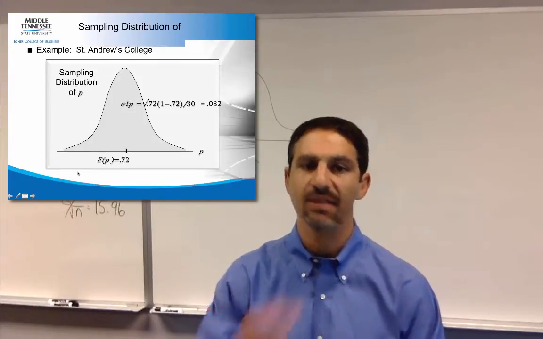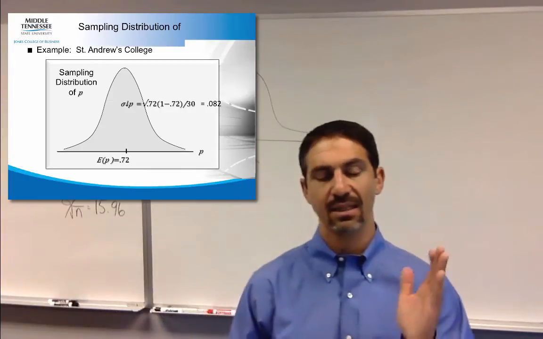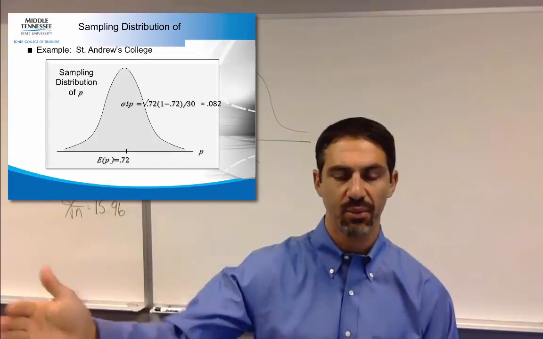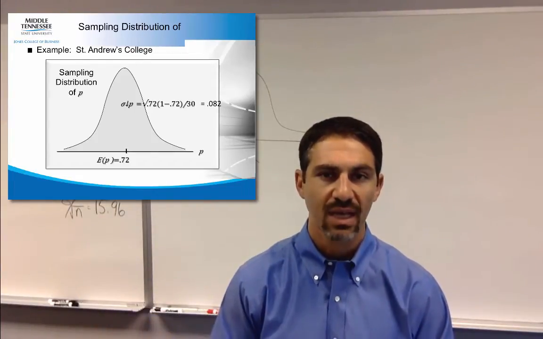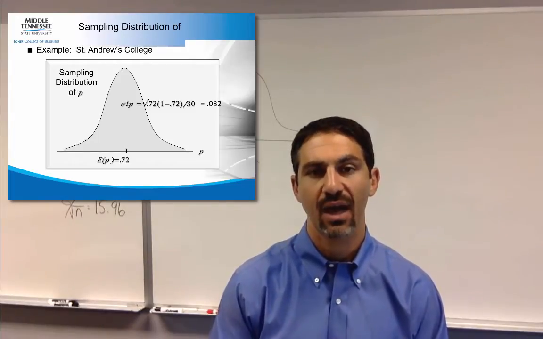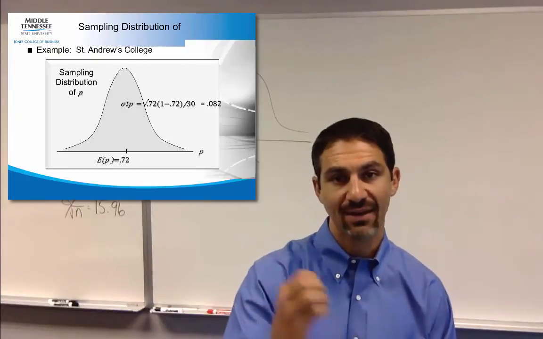So we put the 72% there. We are then going to look at the one side will be 0.67, the other side will be 0.77 on our bell curve, and then we still have to calculate a proportion standard deviation or standard error.